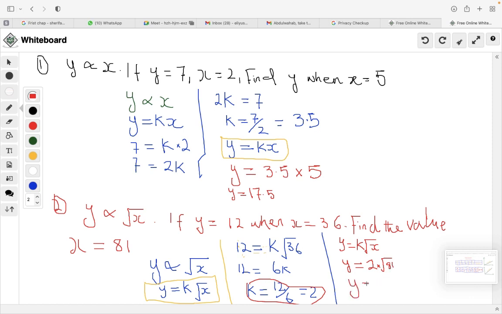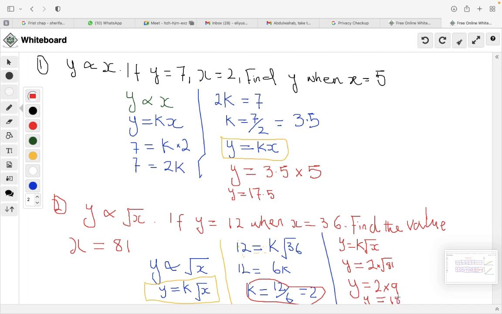So y would be equal to 2 multiplied by 9, because the square root of 81 is 9. So 2 multiplied by 9 will give us 18. So here, y will be equal to 18. That's the value of y when x equal to 81.